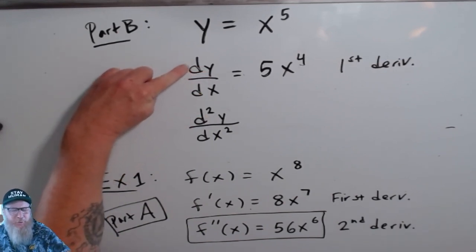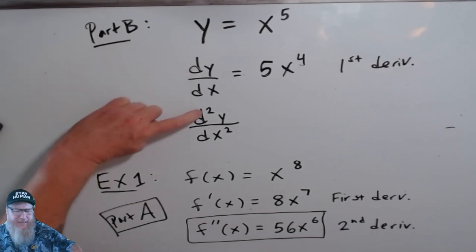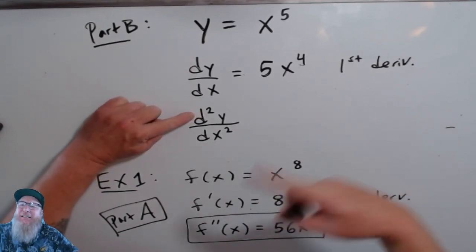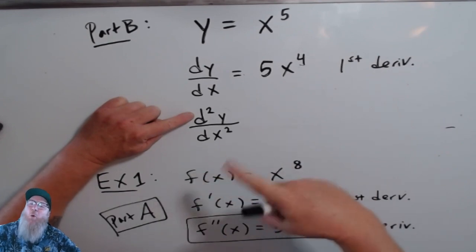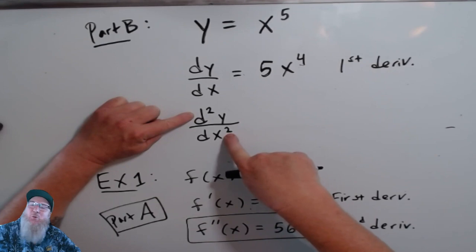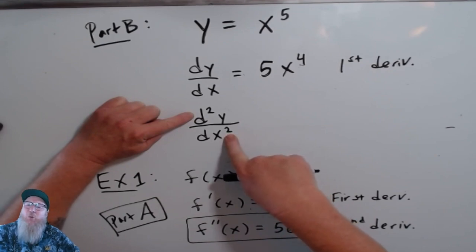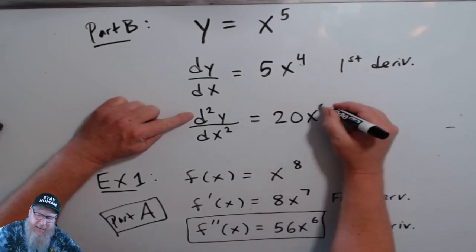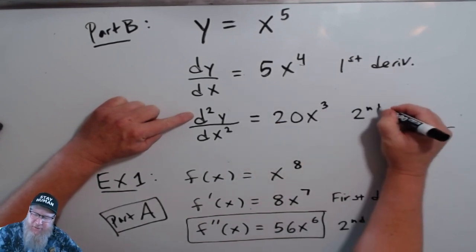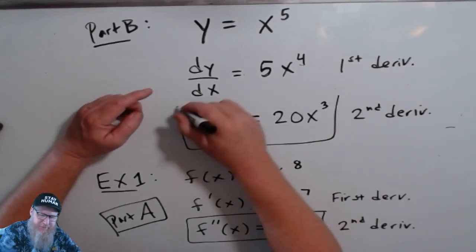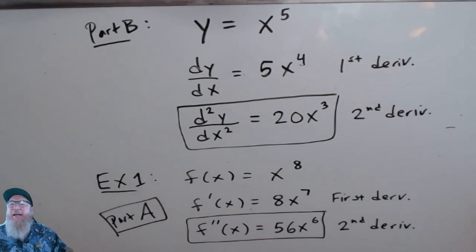You are taking the derivative twice, so the squaring is on the d, and then it's affecting the x variable twice, so they put another square on the x. The square does not really mean that you're squaring it. It just means that you are doing the operation twice. So that would be 20x to the 3rd for the second derivative, which is what we're interested in today.